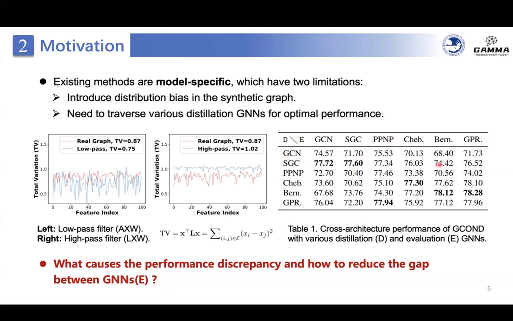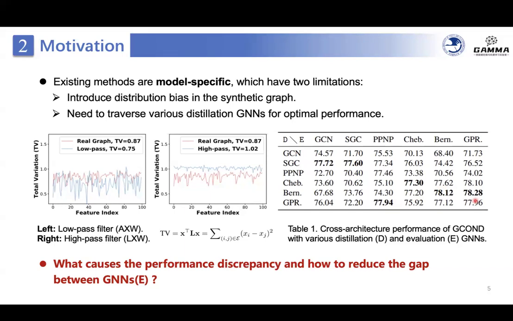From each row, we can observe the significant performance gap. And from each column, we can observe that the optimal performance is achieved on different synthetic graphs. That means if we want to obtain the optimal performance, we have to traverse the various distillation GNNs and select the optimal one. It is not efficient.